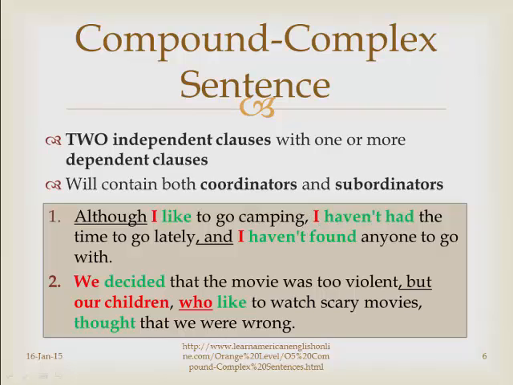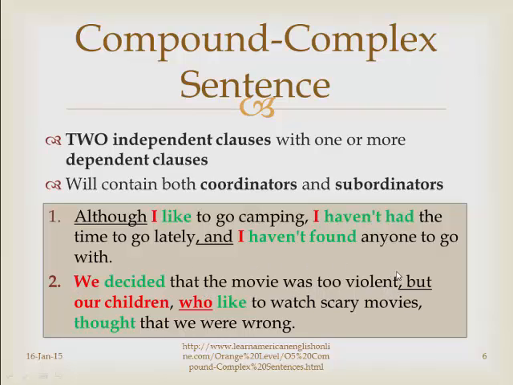Now what about example number 2? Can you guess which ones are the independent clauses and which one is the dependent clause? Yeah, this one is a little bit more complicated. Okay, the first independent clause is we decided that the movie was too violent, right?